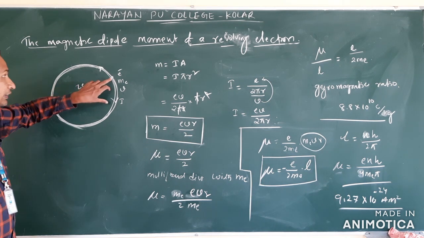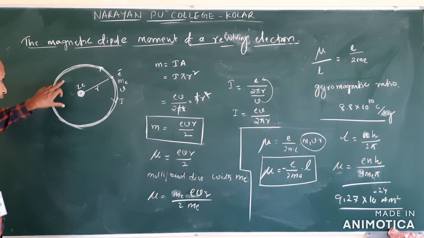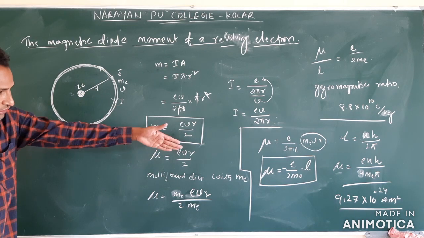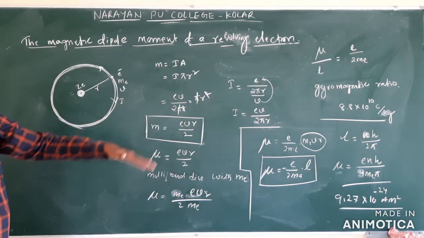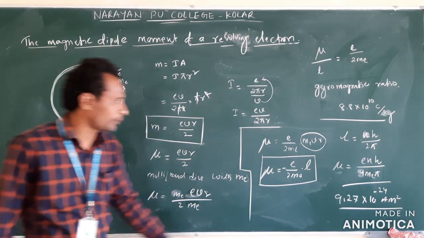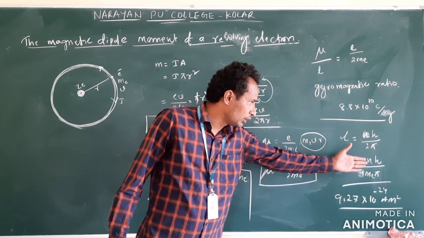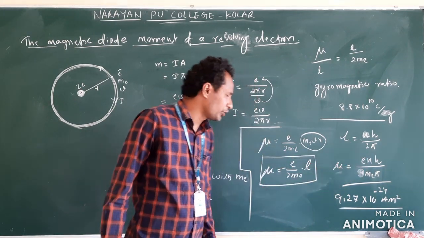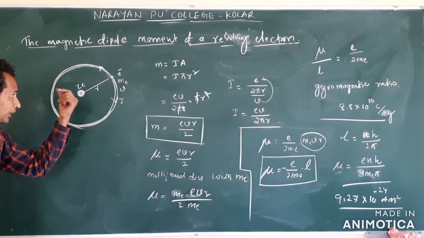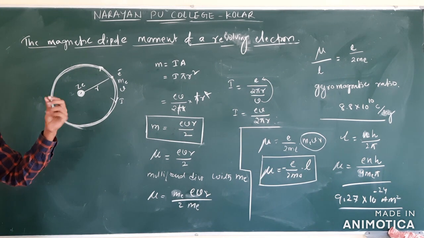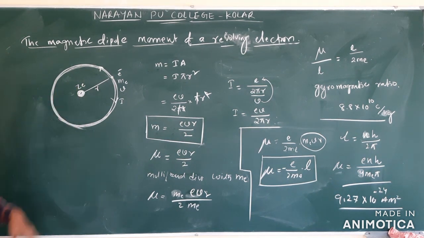But the electron, when revolving like this, possesses this magnetic moment, and that we call the Bohr magneton. This is also a magnetic moment, only in terms of Planck's constant, clear? Now, the magnetic moment due to spin of the electron you will see in higher classes. Clear?